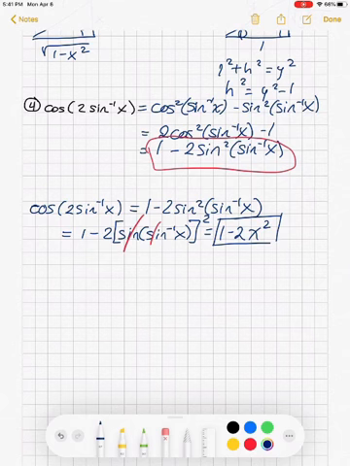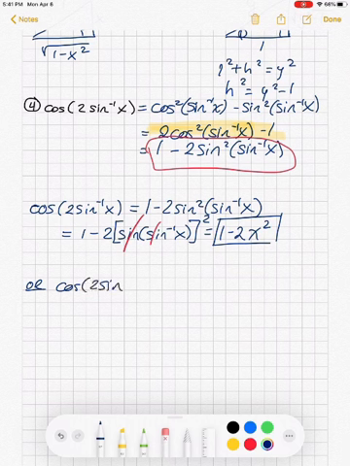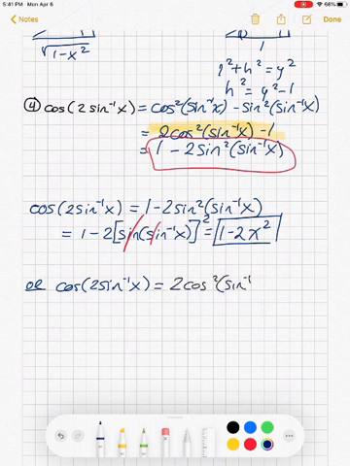Now, I mean, I can use a different formula. Like what if I use this one? Okay, it's just going to be more work, but let's try it. So what if I said instead, I'm going to use this formula.